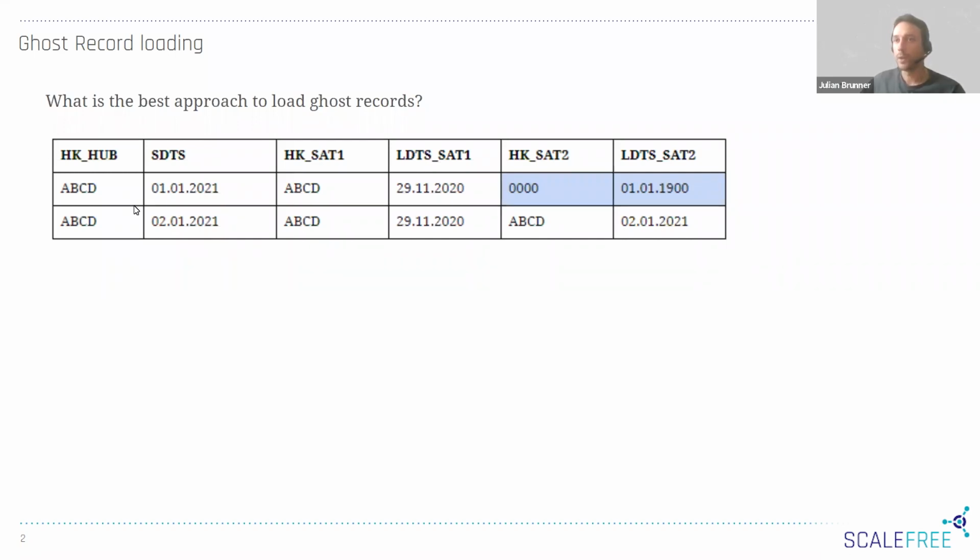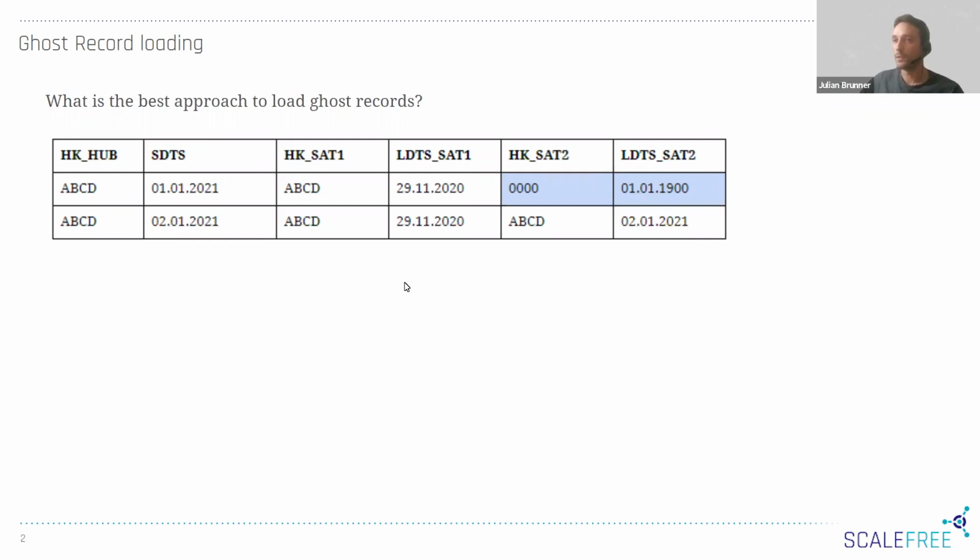In this example, we have a PIT table with two satellites. The first satellite has a reference to the 29th of November, and for the second satellite, we have a reference to a ghost record, which means that at the 1st of January there was no active record for this business key.